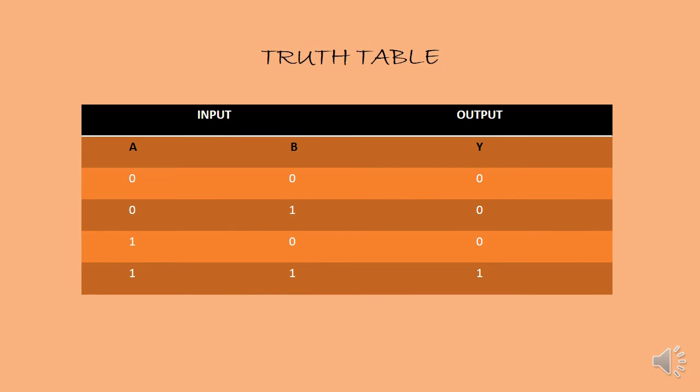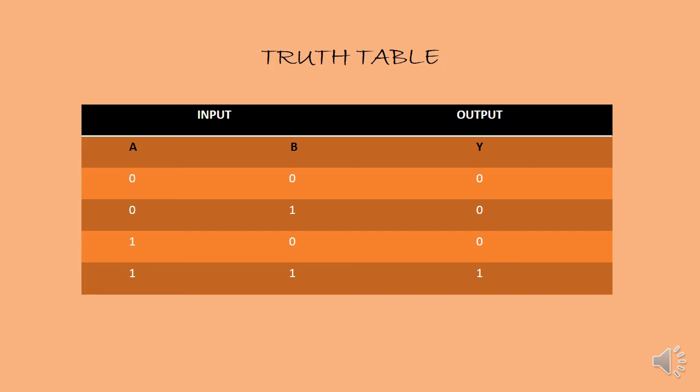In this slide, we saw the truth table of an AND gate. A and B are the two inputs. Y is the output. We know Y equal to A dot B. When A is 0, B is 0, that means both inputs are at logic low state, we get 0 dot 0, 0 output. When A 0, B 1 means 0 dot 1, we get 0 output.